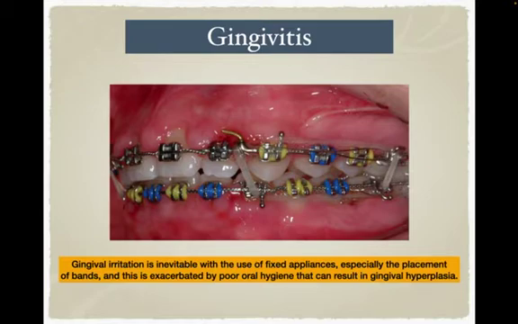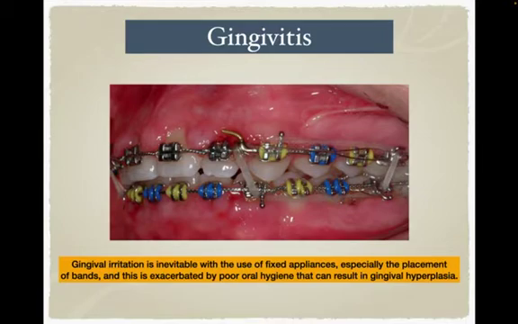Gingivitis as well can be caused by orthodontic treatment, mainly if the patient does not brush his teeth properly. The gingiva will be inflamed and it will be enlarged. That will make it even worse because it will be more difficult to clean, and the gingivitis will increase even more. So extra careful oral hygiene instruction should be given to the patient from the beginning.